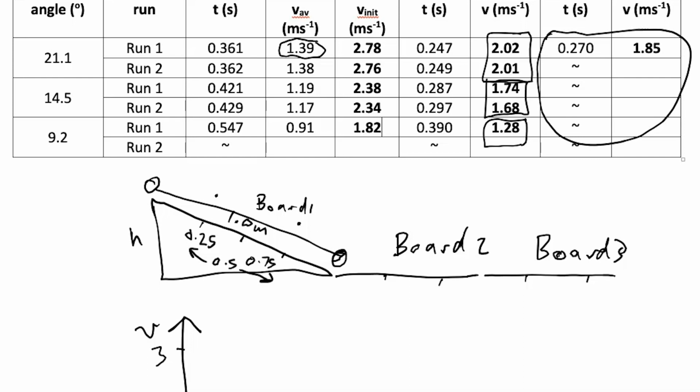And if the velocity is 0 at the start, then the velocity by the end of the board will be twice the average velocity. So I hope that makes sense. And so you can see that, if that assumption is valid, there is a reasonably strong acceleration. There it goes from about 2.78 to about 2.02, and 2.76 to about 2.01, 2.38 to about 1.74, etc. in terms of those.